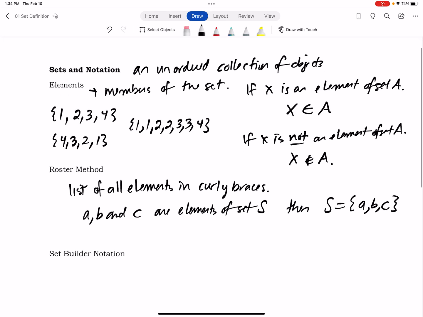Another way to list the elements is using set builder notation, but I want you to remember that when you're listing elements, we ignore order and we ignore duplicate elements.